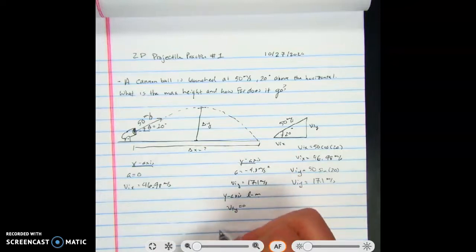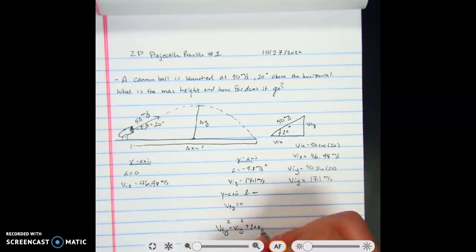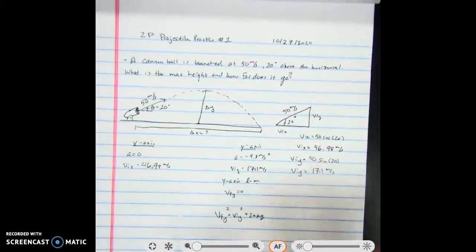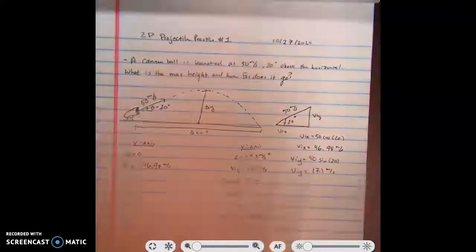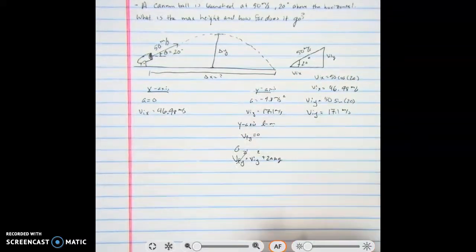Because I have the kinematic equation v final y squared equals v initial y squared plus 2a delta y. So I have this equation right there that allows me to solve for this, okay? And the reason I like to use this equation is that the v final term gets canceled out.